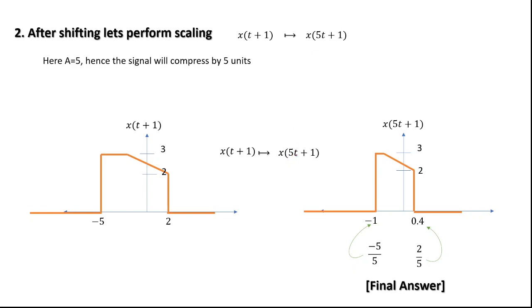Since the scaling factor is greater than 1, the signal should compress towards the origin, as we had studied earlier. So the signal is compressed. So this is the final answer.